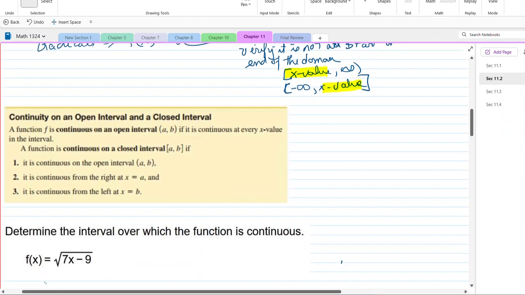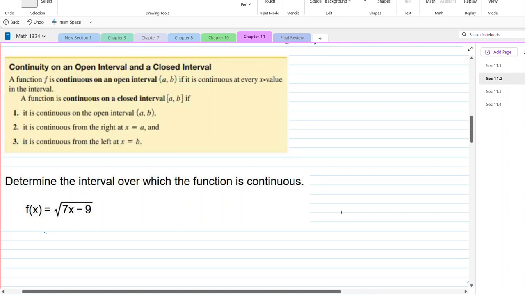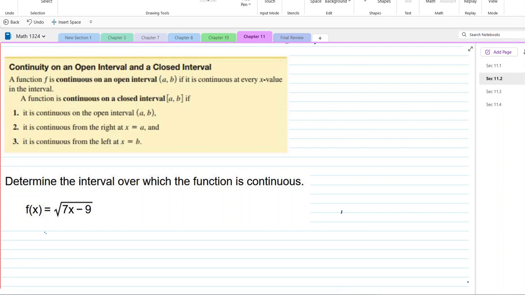All right. So let's look at an open interval and a closed interval, because that's what we were discussing above. A function is continuous on an open interval if it's continuous at every x value in the interval, not at the endpoints.